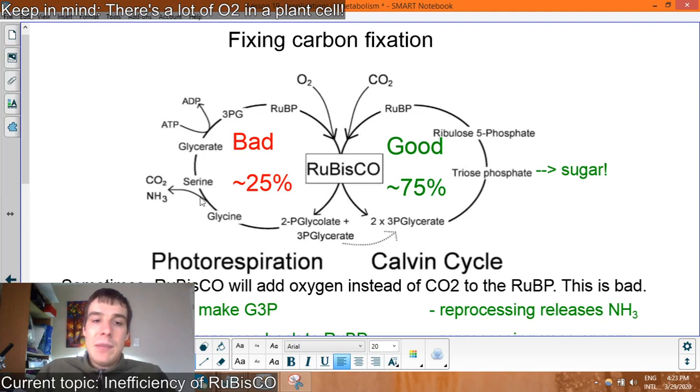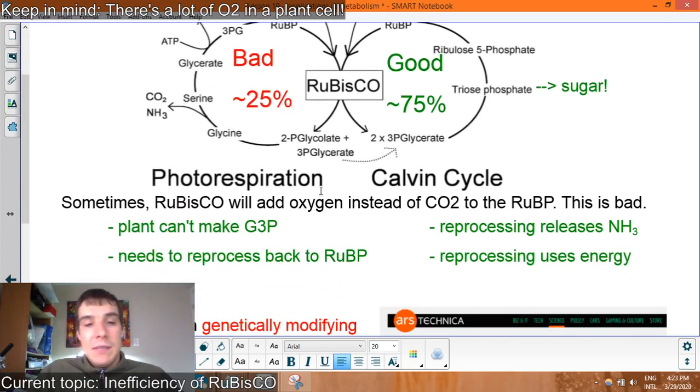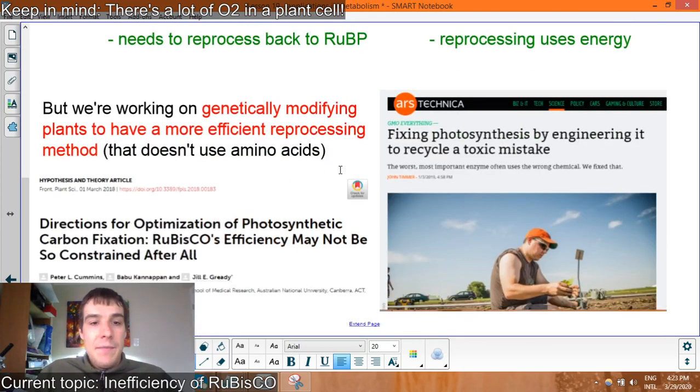If we can avoid this piece with some kind of different molecular method, that would be great. And that's what they're working on. And they've identified it. They've actually made some plants that do it correctly. It's very, very early stages research, but you might hear about super plants at some point.